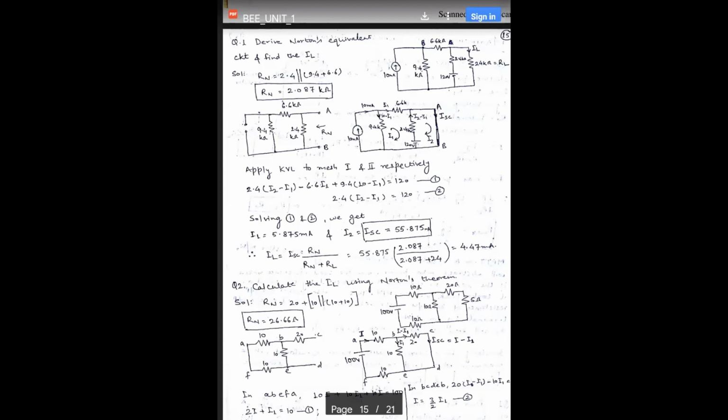The other is if the requirement of the numerical is such that we have to verify Norton's theorem, then we are required to calculate the load current using Norton's theorem, and also by one more method, and confirm that we are getting the same results for the load current.